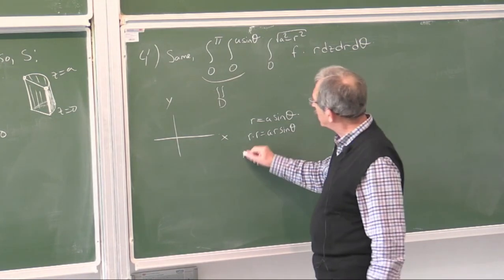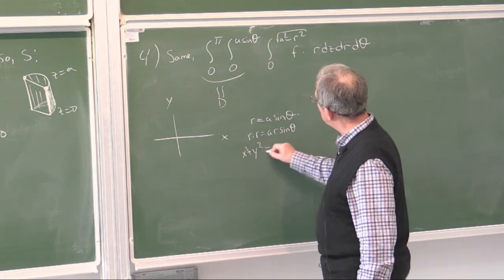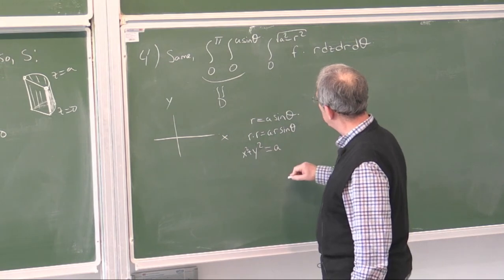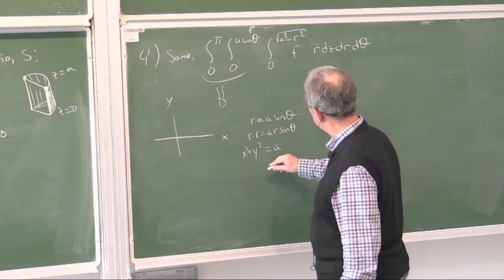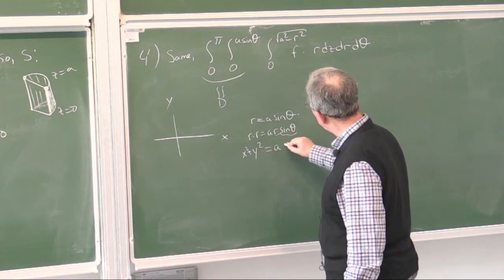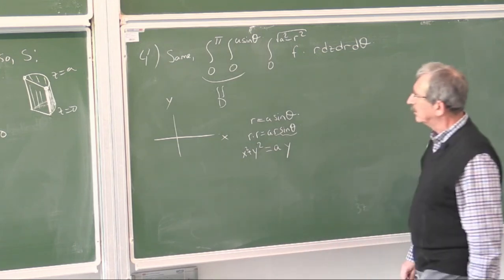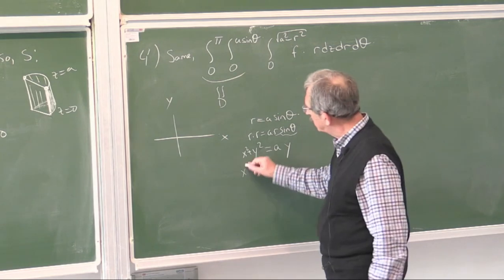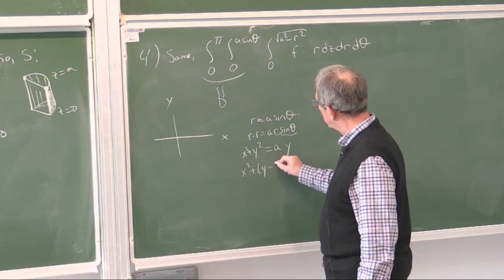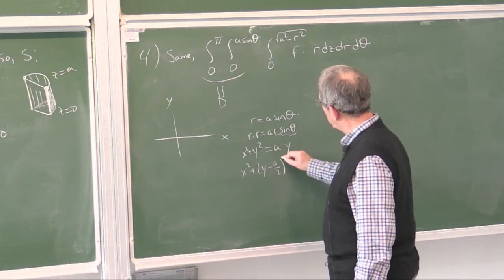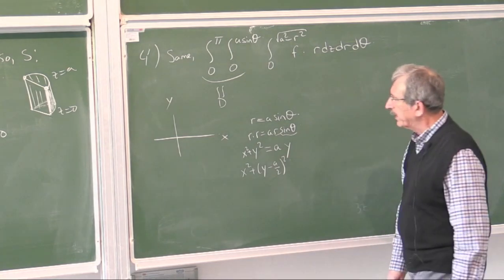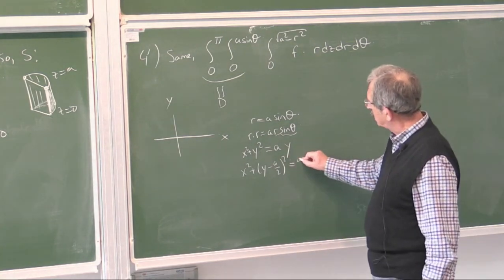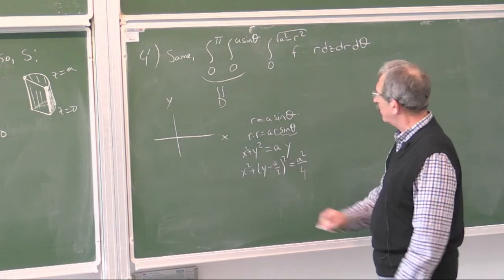So we have x squared plus y squared is equal to a, right, r sine theta would be y. So this is a circle centered at zero and a over 2, and it has a radius of a over 2.